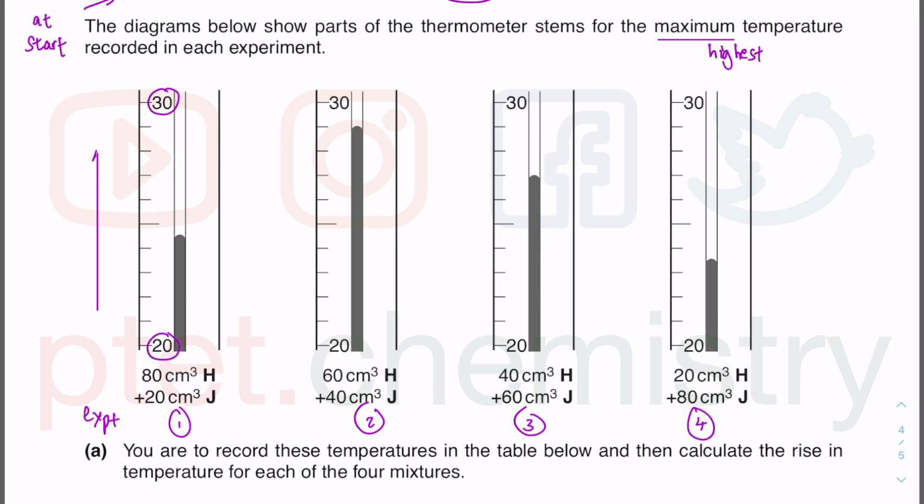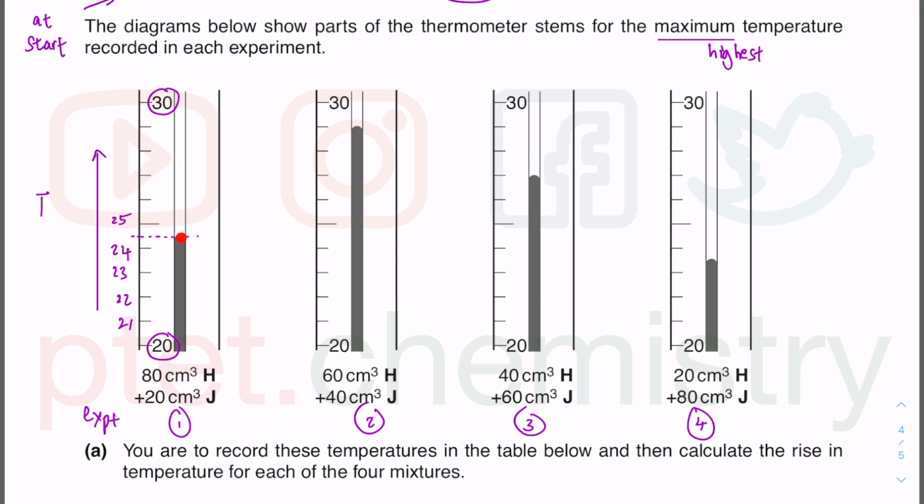So what I can say is, when you read the thermometer, you read from there to there, and therefore since this is 20 and this is 30, this is 21, 22, 23, 24. So this is halfway in between 24 and 25.